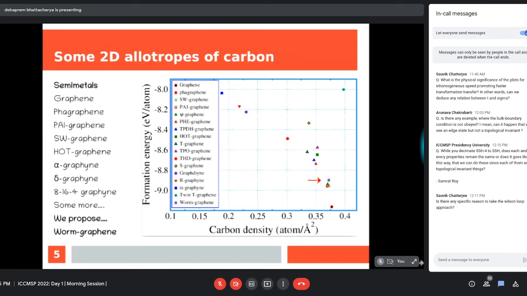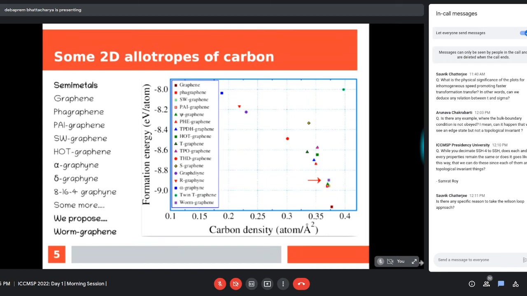And just above that, there is a cluster of points denoted by that arrow mark. There, a certain number of proposed structures fall, like far graphene, SW graphene, pi graphene, and Shi graphene.